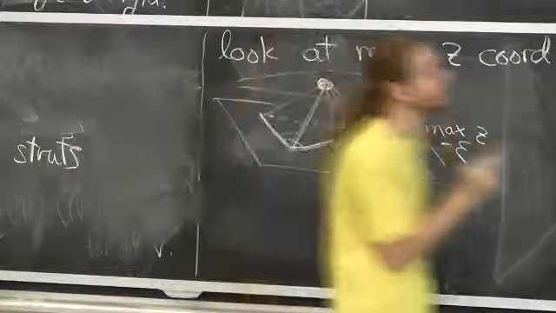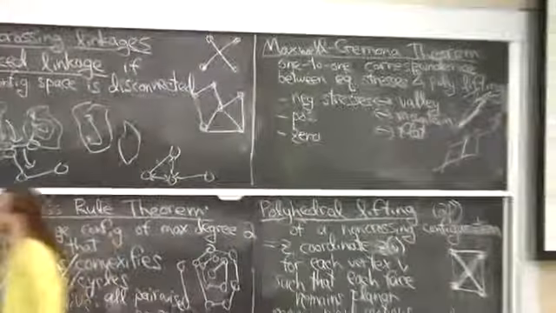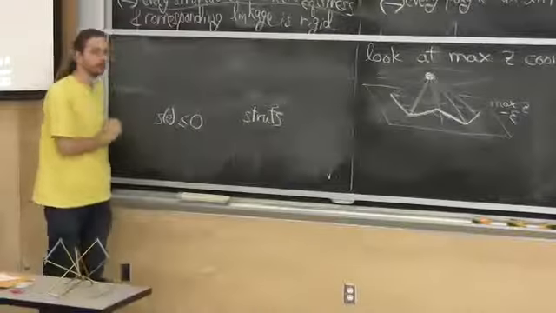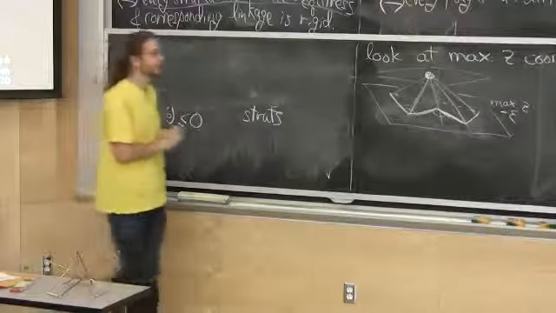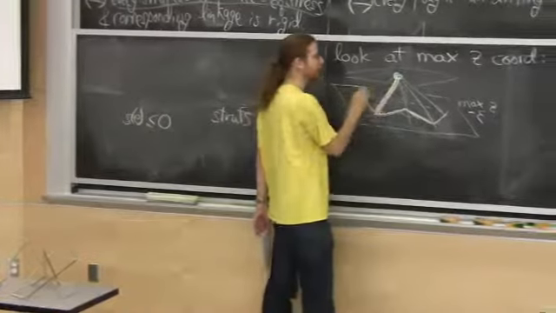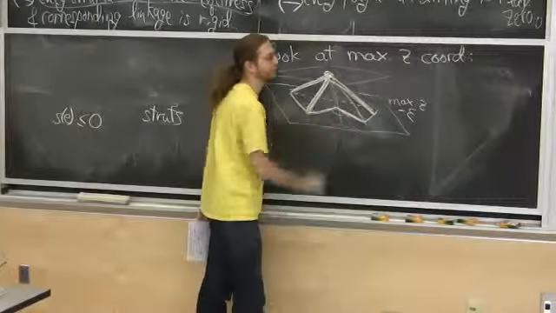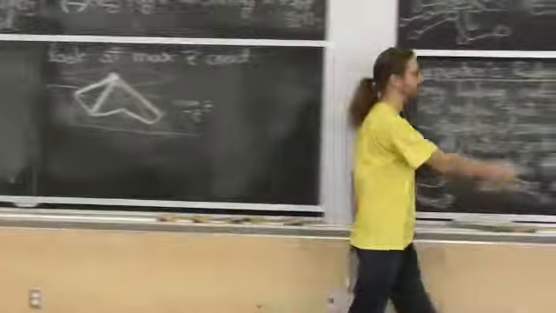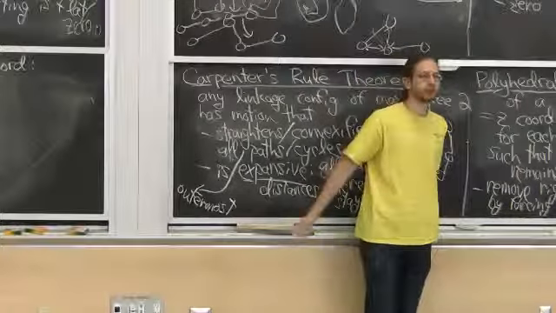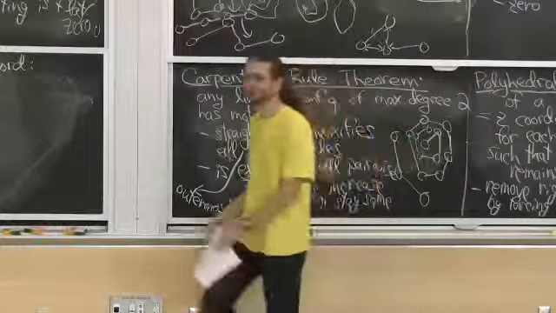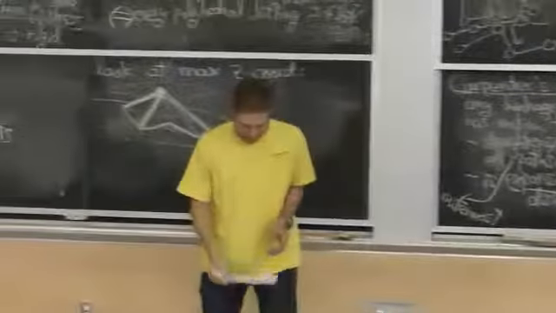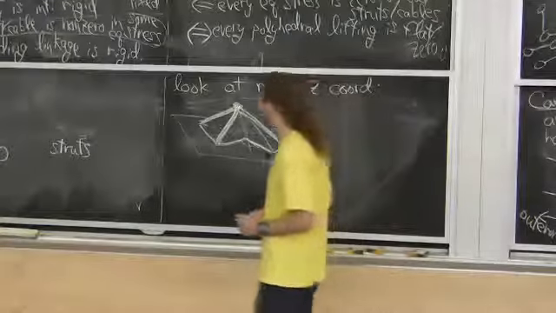But mountains have to correspond to positive stresses. Positive stresses have to correspond to bars, because struts can't carry positive stresses. So that means you have at least 3 bars incident to that edge. But I assumed I was maximum degree 2. Contradiction. Isn't that cool? It's very easy when you set it up right.